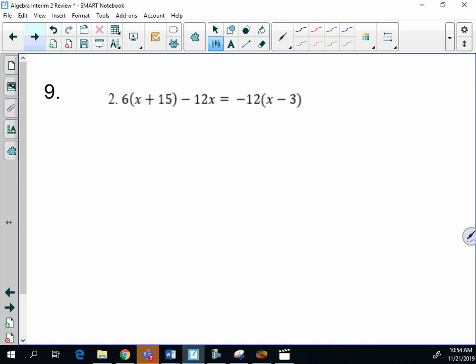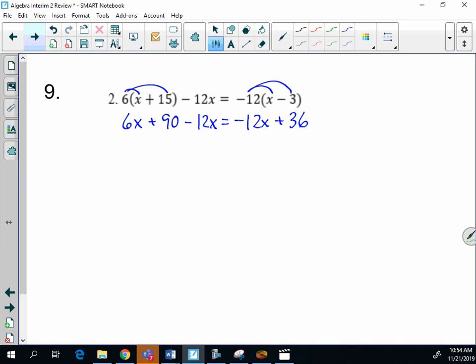Now let's look at number 2 in section 9. We are once again going to start with distribution. 6x plus 90 minus 12x, and then distribution on this side is negative 12x and plus 36.